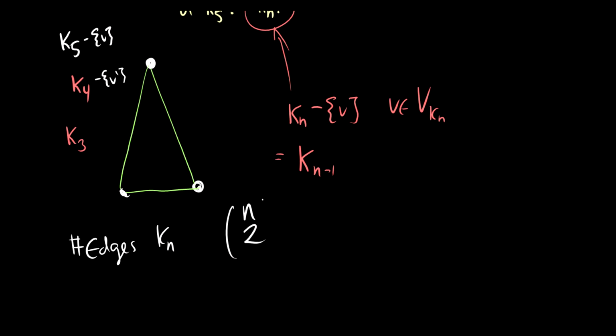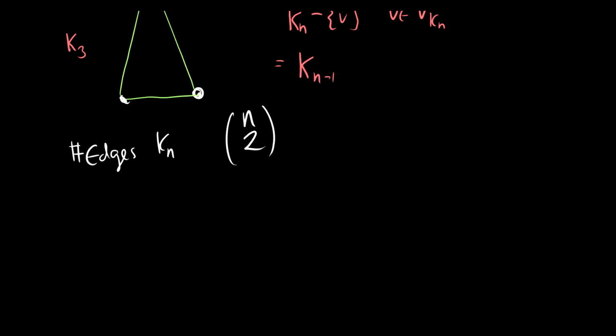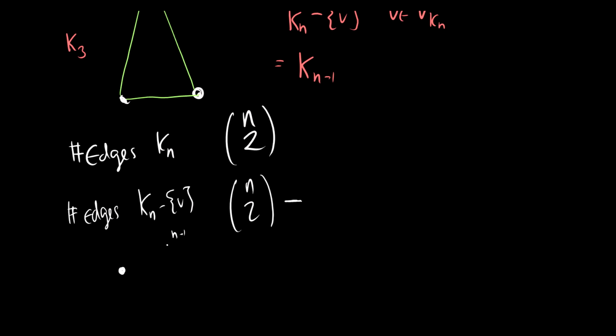That's going to be n choose 2, because we have n vertices and we choose 2. Now, what do we get when we take the number of edges in Kn minus some vertex? Well, we get n choose 2, and then we subtract. We pick a vertex, say here, and it has to go to n minus 1 other vertices. So we subtract n minus 1 edges.